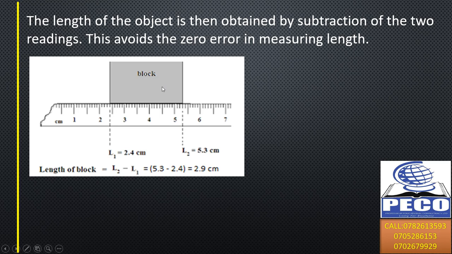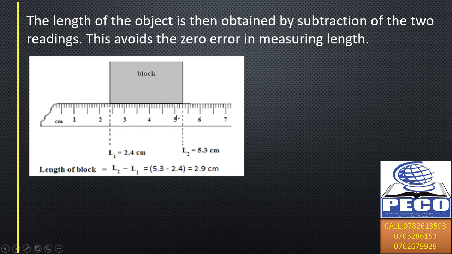Now this is what I'm talking about. If I have to measure the length of this block, you can see this instrument here has a zero error. It is broken at the beginning here. So how do I avoid this? I cannot bring the block and put it here. So what I do, I place the block between two readings. Here I have a reading which I call L1, starting from here, which is 2.4 centimeters.